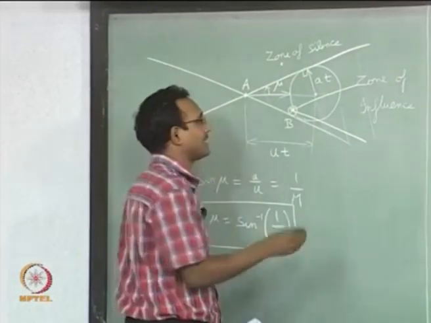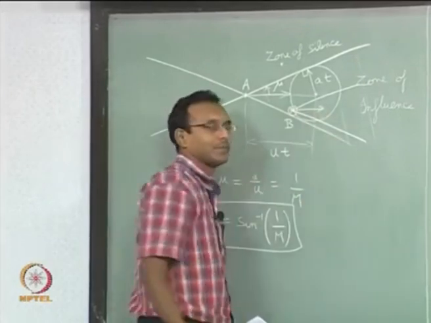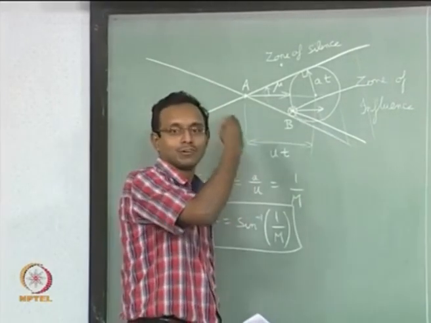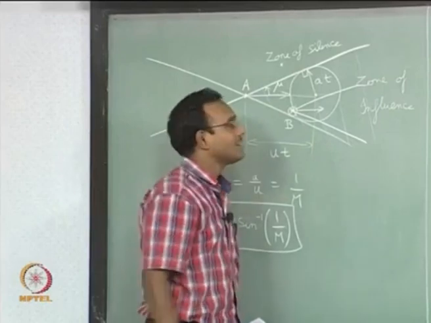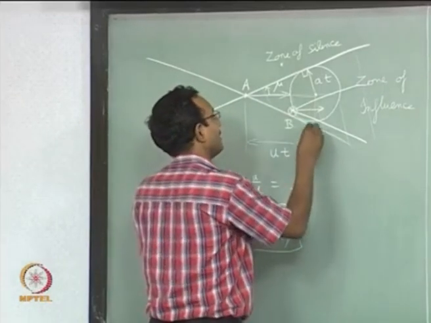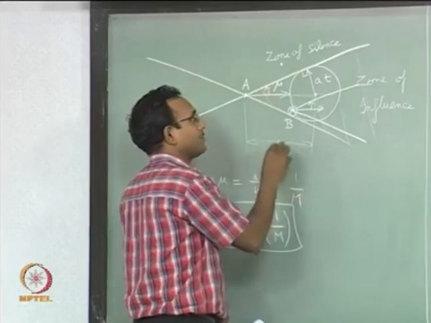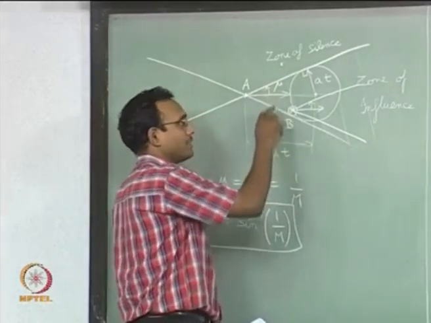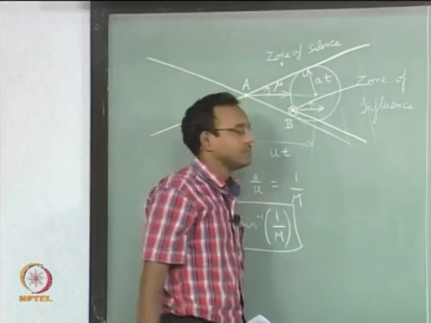I am again assuming that the velocity vector is parallel, it need not be parallel, it could be a non-uniform flow, anything. I just picked up a special case like this, and this mu need not be the same as that mu. This could be mu subscript A, this could be mu subscript B.